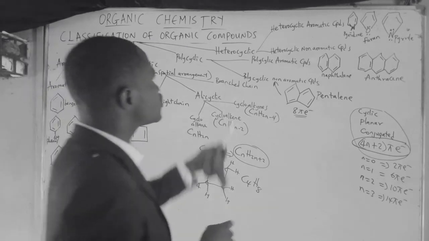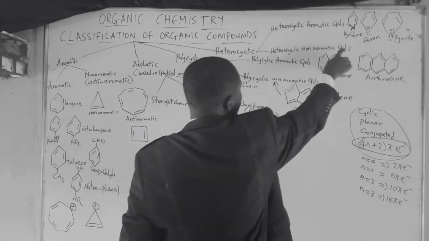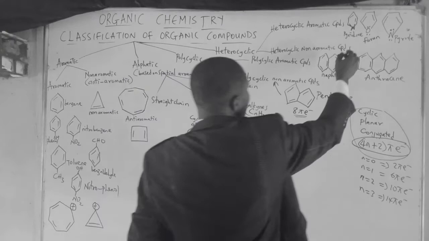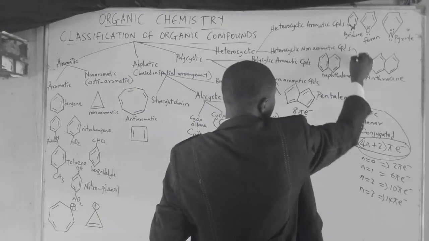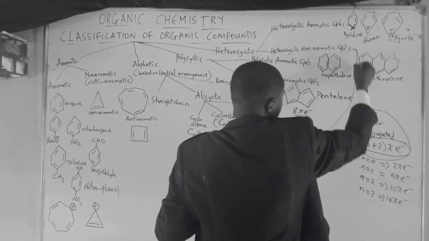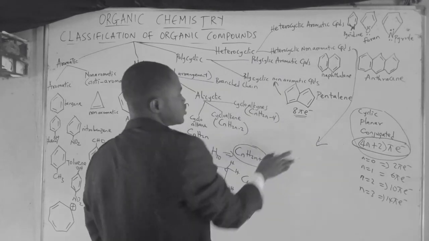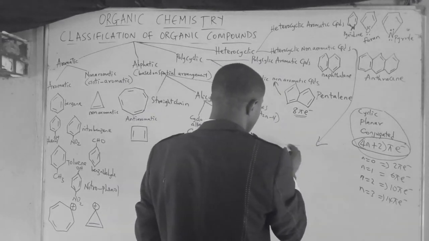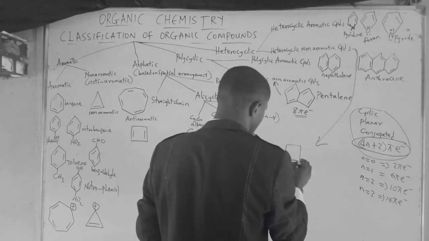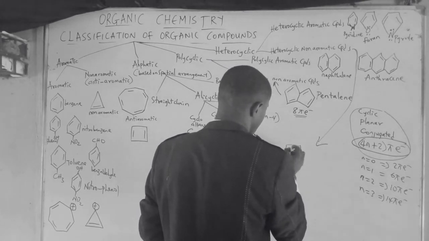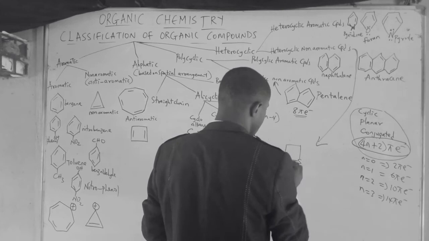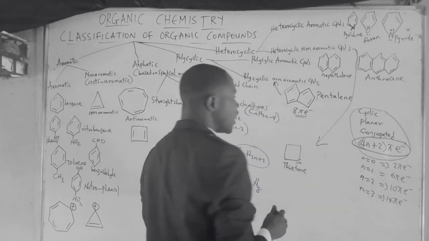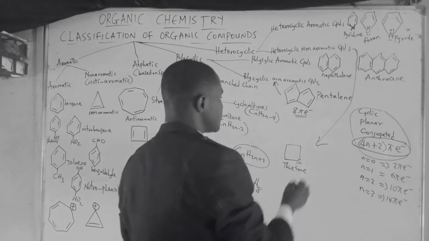What are examples of heterocyclic non-aromatic compounds? Please watch their structure here. We have thietane. We also have thiirane.